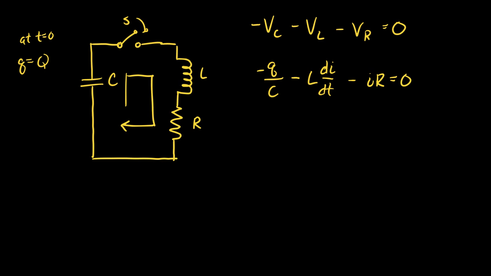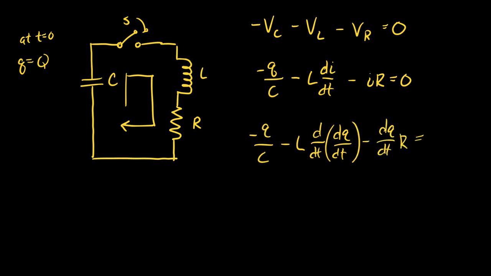All good? Let's put it all in terms of Q. So I have minus Q over C minus L di/dt. Oops, we don't want di/dt. We're going to put in d/dt of dq/dt, minus dq/dt times R.